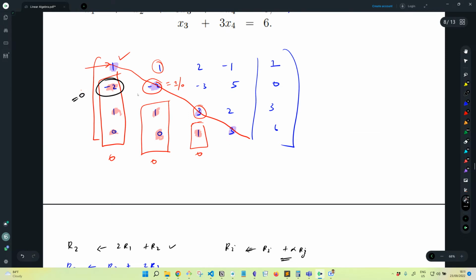Then we saw a protocol in applying these operations to obtain RREF. You will start adjusting these entries to get into RREF in this order only.